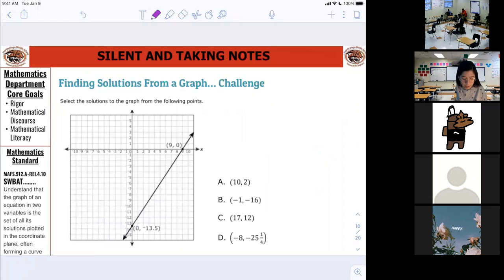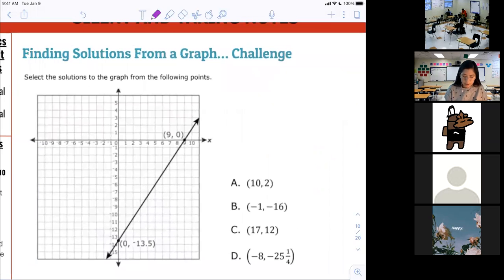So first start by looking, are there any of these that we can at least identify on the graph? You're on the right track, Ajara.